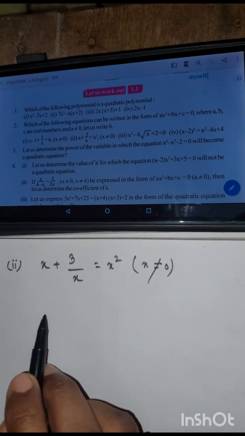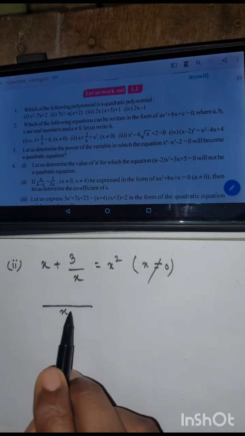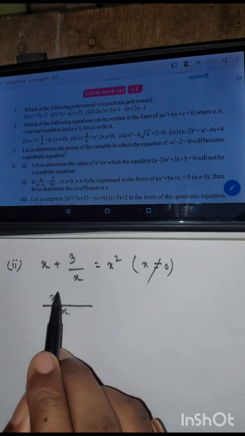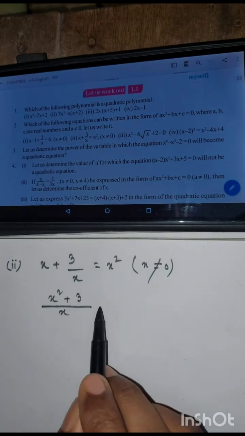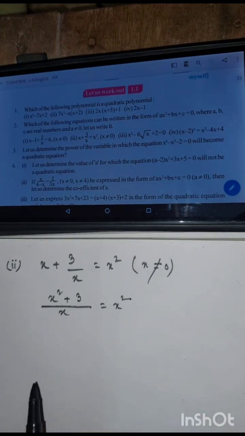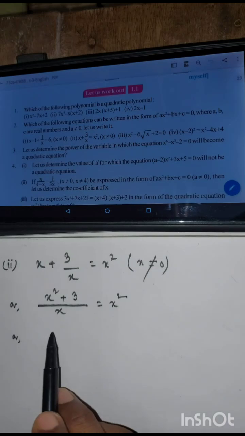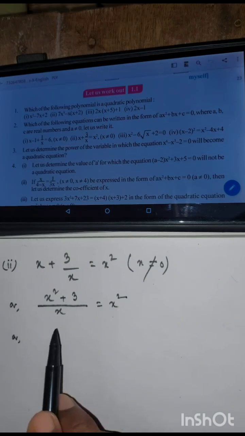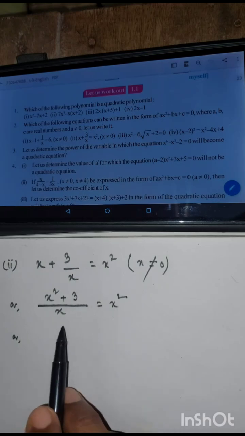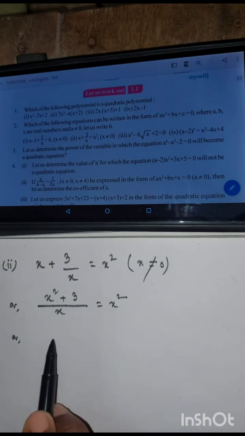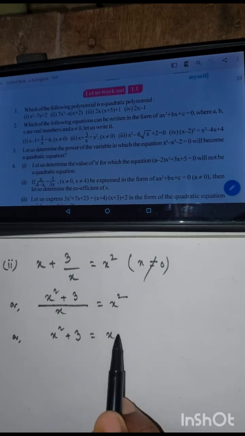If we take x as LCM, it becomes x square plus 3. Or if we send x from left to the right side, it will get multiplied to x square and it will give us x cube.